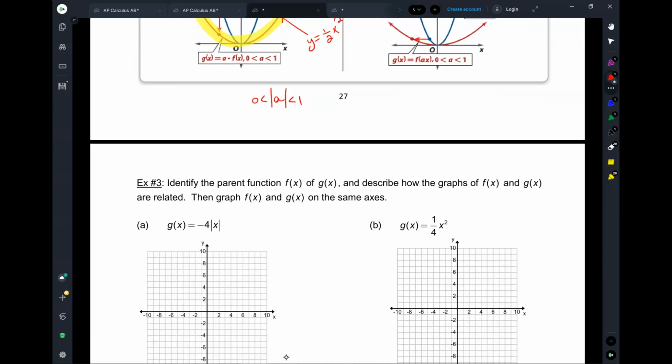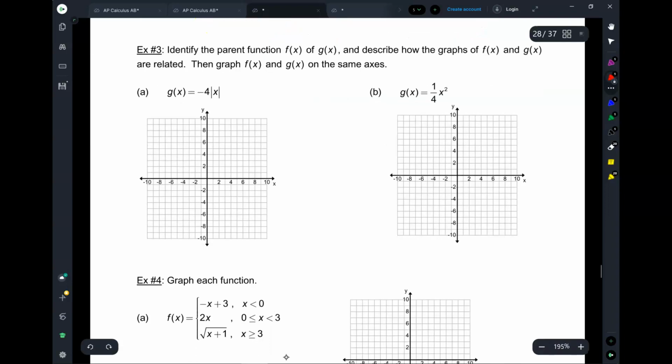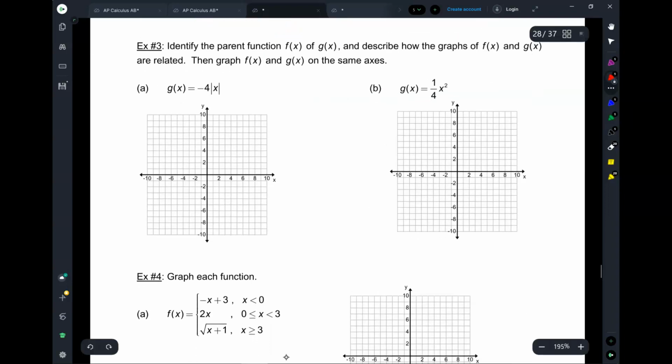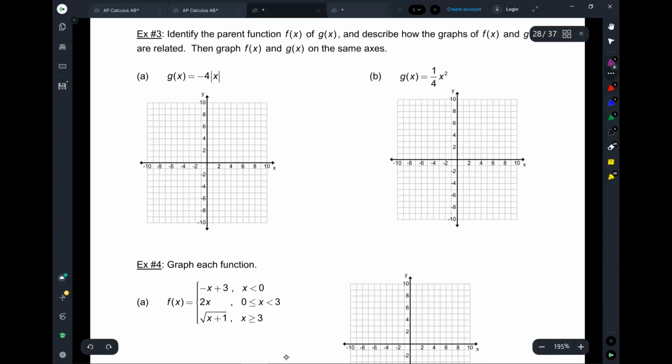Okay, look at a here. What shape is that? It's an absolute value, right? You see how there is a reflection around the x-axis?